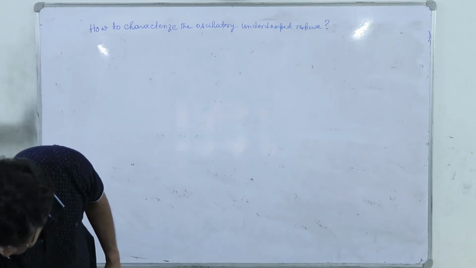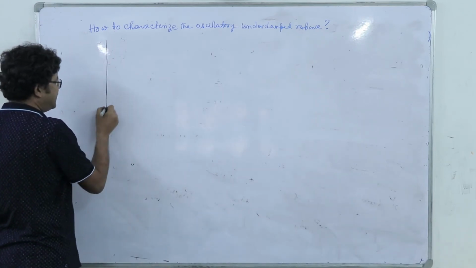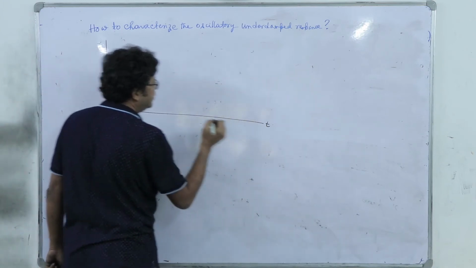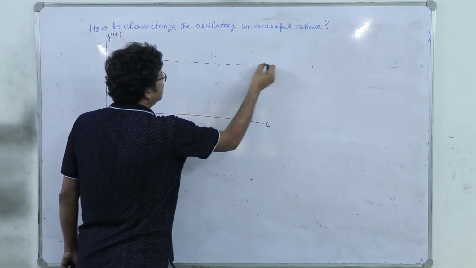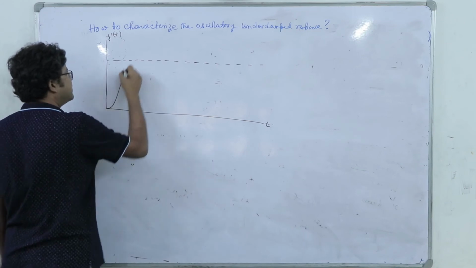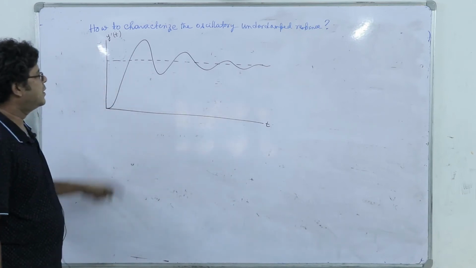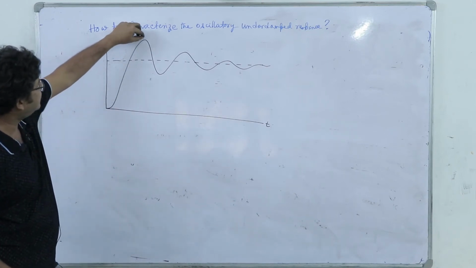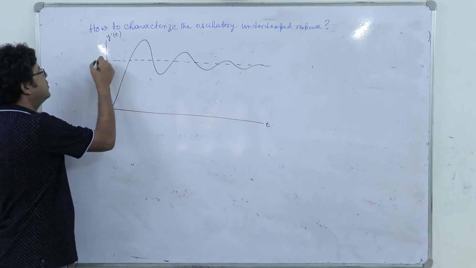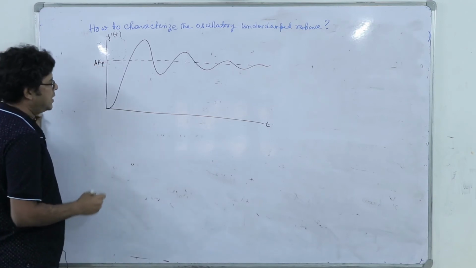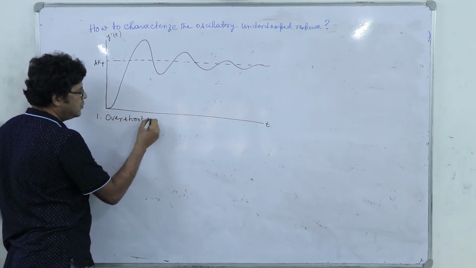So, here you see that if I draw a specific oscillatory response, a single one, this is the final value, and an oscillatory response is like this, right. So, the first quantity we will be interested in is the maximum cross with respect to that final value, right. And this is defined formally as overshoot. What is that?